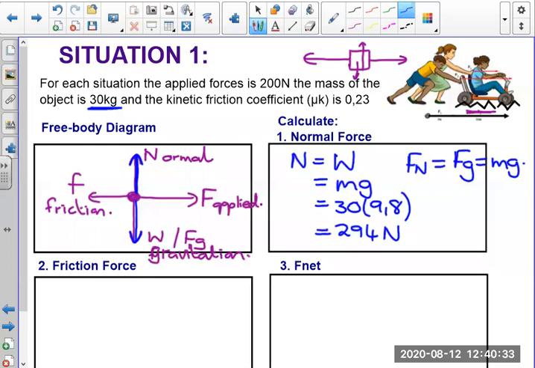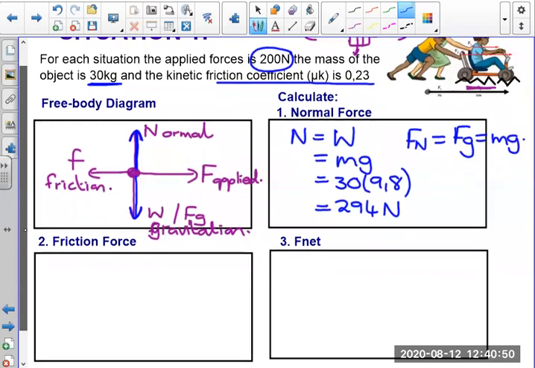Now they give us the friction coefficient and they give us the applied force, but now they ask us to work out the friction force. Now, the moment when they give you the friction coefficient, the main thing that you need to remember is that you have to use this formula, and this formula is going to be on your information sheet.